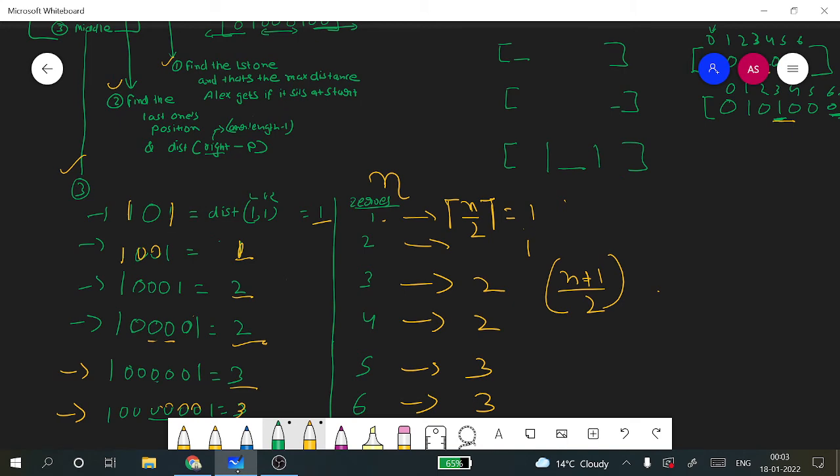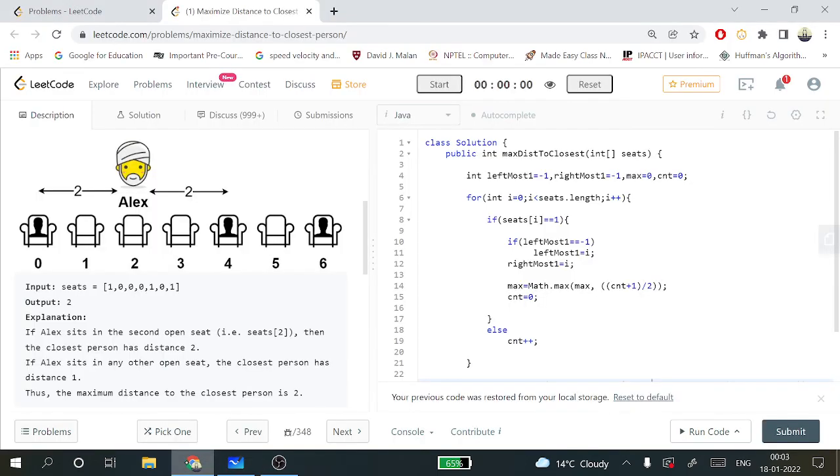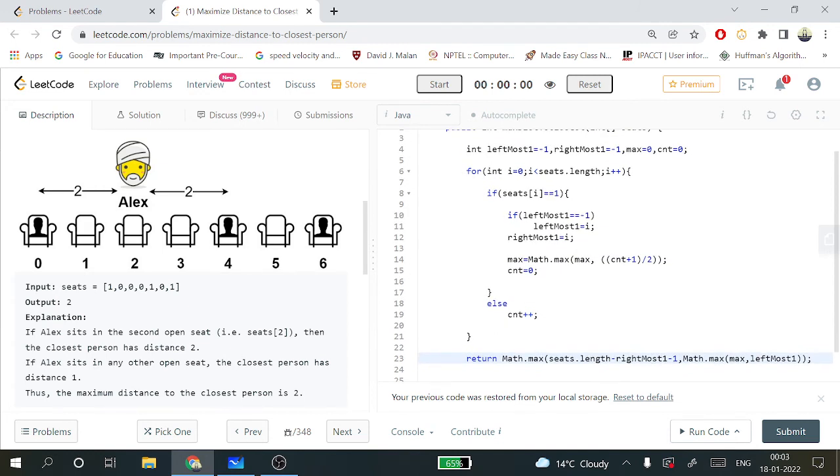Let's try to understand this with the help of the code. In this code, we are figuring out the leftmost one, then the rightmost one, then the maximum, and then the count. We are iterating through the array. For the leftmost one, if we have seen 1 for the first time, that will be our leftmost one.